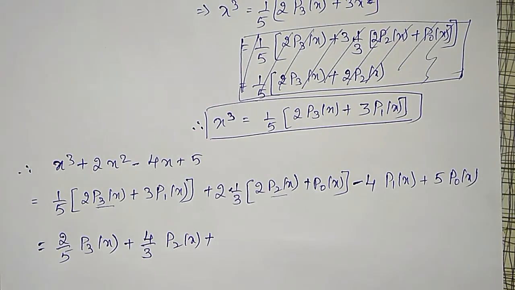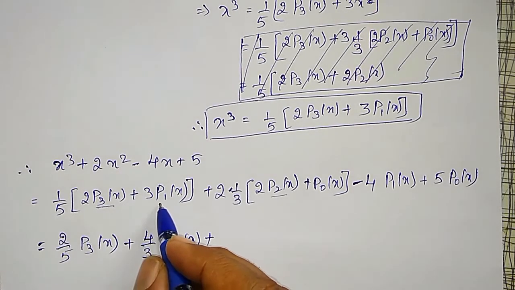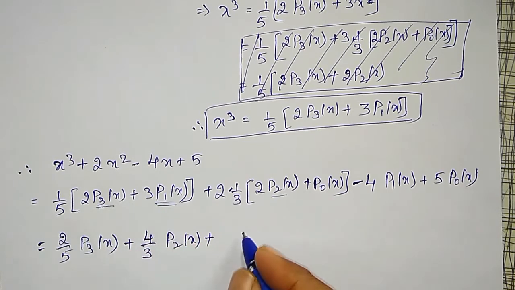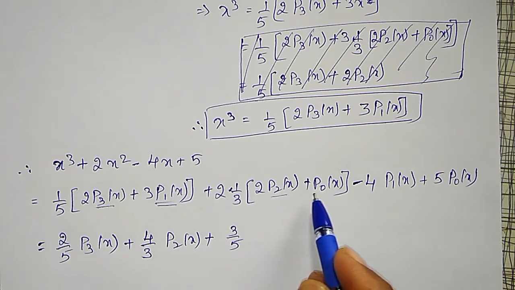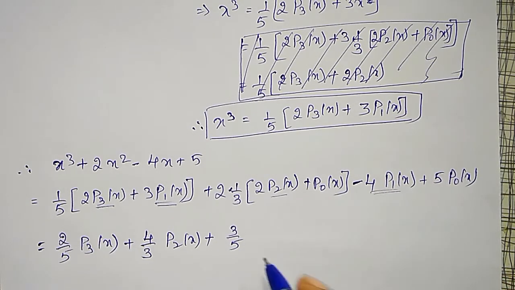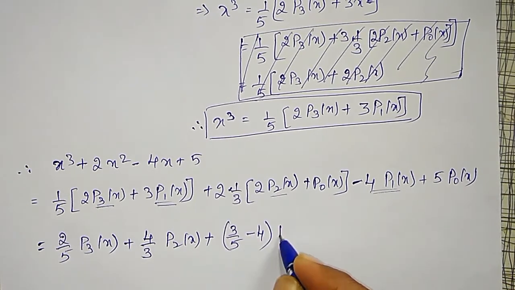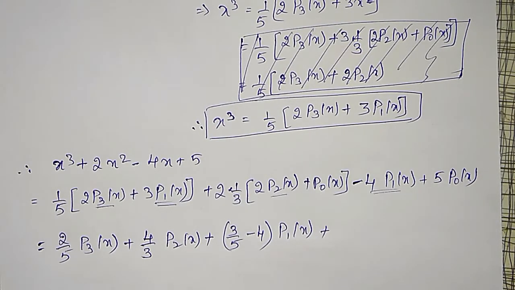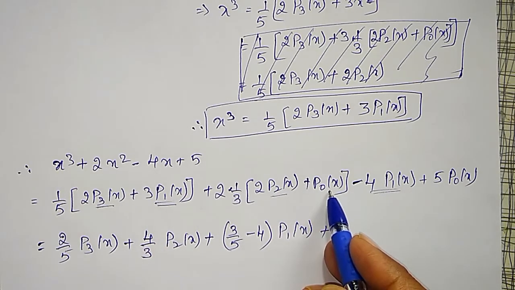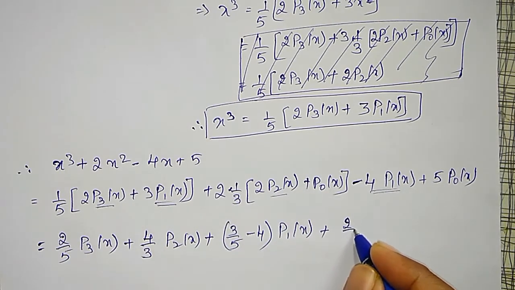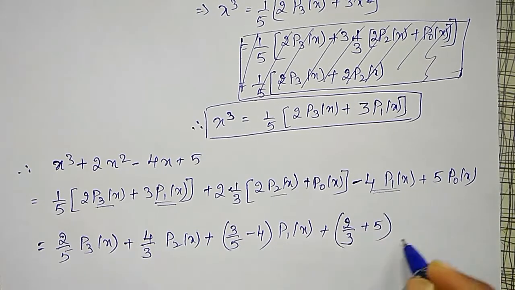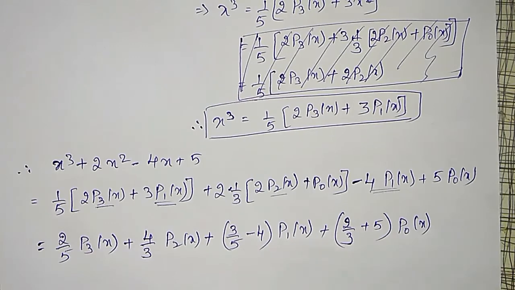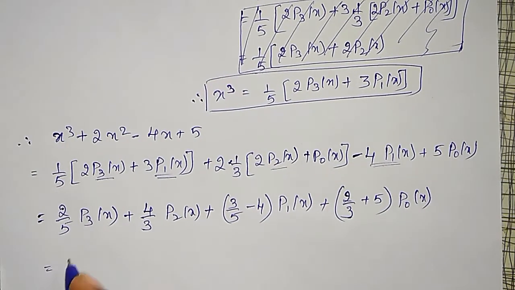Then P1 of x containing terms and their coefficients: 3 by 5, correct, and one more P1 of x here, that is minus 4 times P1 of x. Next P0 of x containing terms: here its coefficient is 2 by 3, plus 5 into P0 of x.